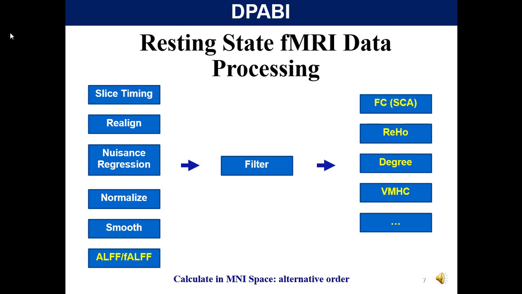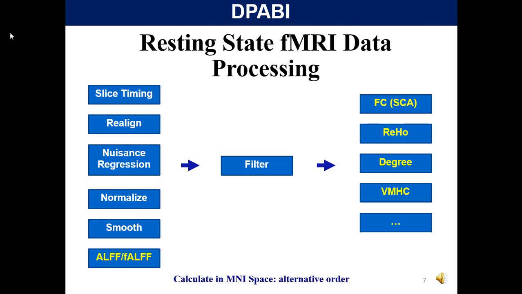If you filter first, you lose the full frequency band information. So we need to filter after the ALFF and fALFF calculation. Afterwards, we can do functional connectivity, calculate regional homogeneity, degree centrality, or VMHC, voxel-mirrored homotopic connectivity, etc. This is the order in which we calculate the measures in standard space.